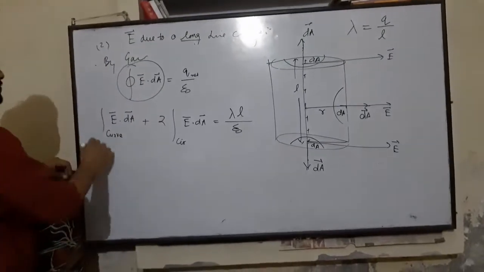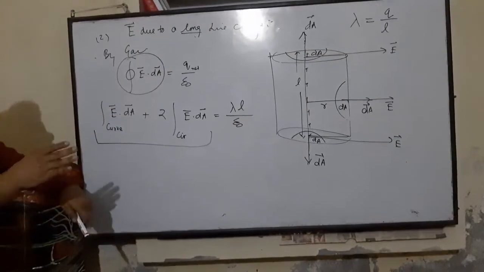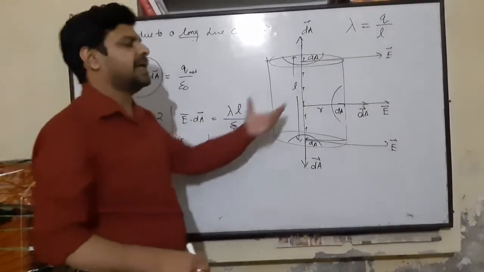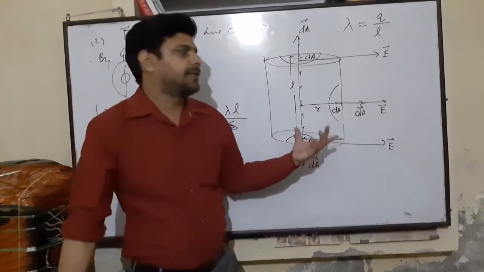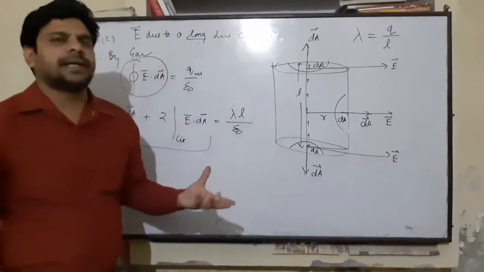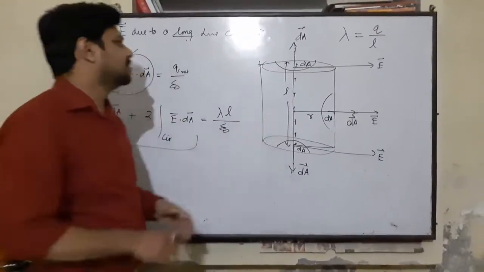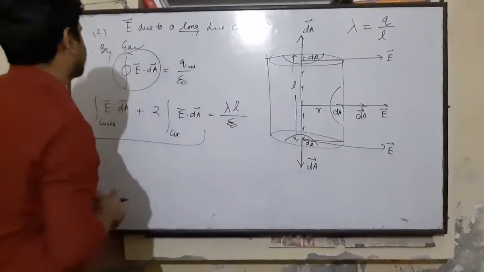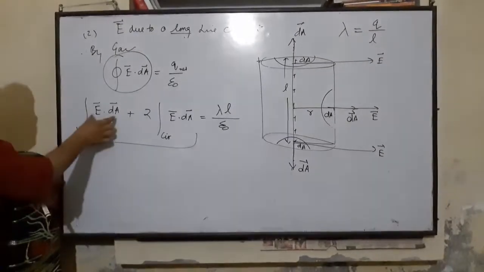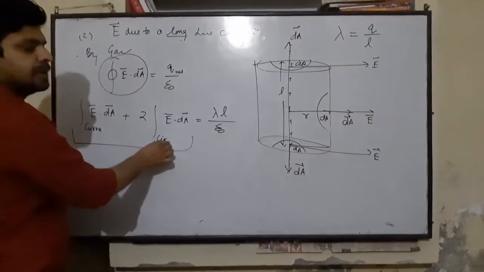This is a very important step. This term represents the total flux passing through any closed surface. In this problem, we have a cylinder made up of 3 surfaces, so we calculate the flux through each face separately, which gives the total flux through the cylinder. We divide this term into flux through the curved surface and 2 times the flux through the circular faces.